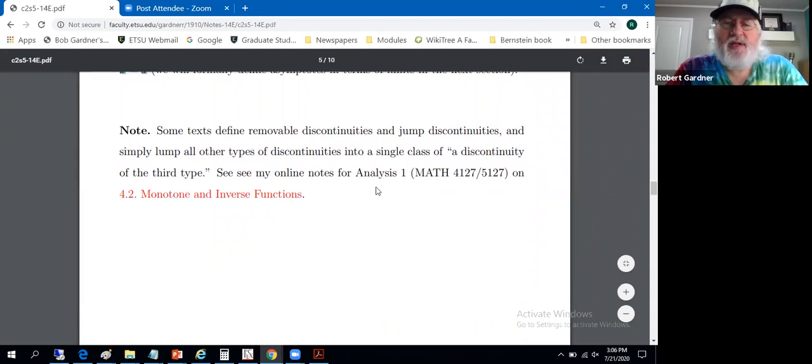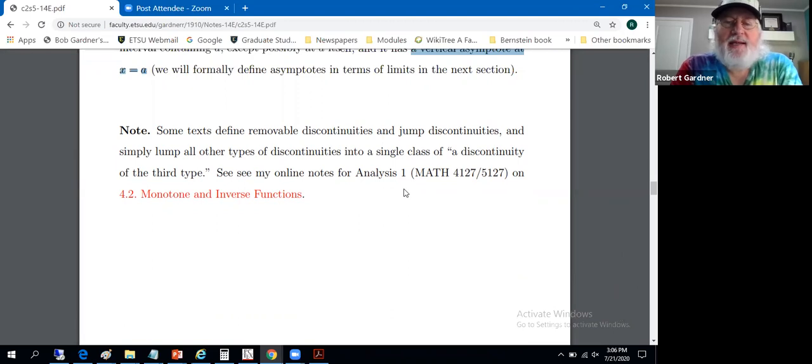I teach this senior level analysis class, or used to quite often. In that level of class, they break discontinuities into 3 classes: removable discontinuities, like we had, jump discontinuities, like we had. And then they take everything else and they just lump it together into a 3rd category called a discontinuity of the 3rd type.